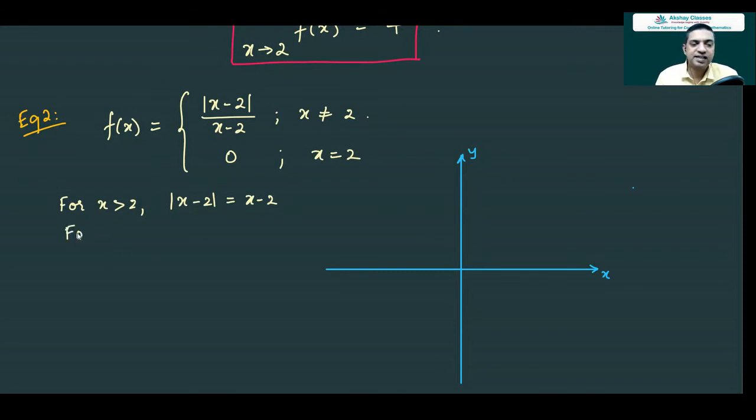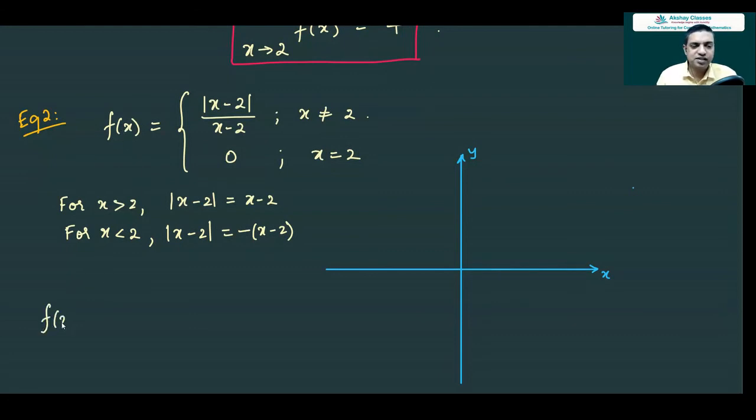Now for x less than 2, modulus of x minus 2 will be equal to, tell me, yesterday we discussed this, negative of this. Yesterday we discussed mod of x when x is negative is equal to minus x. So clear?